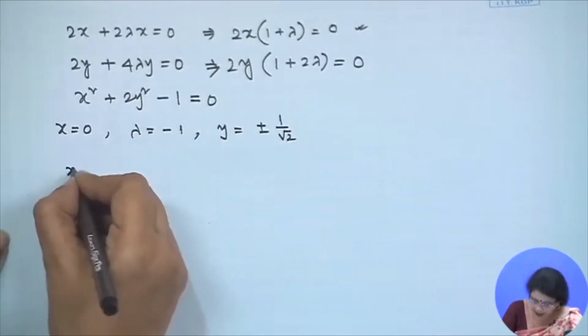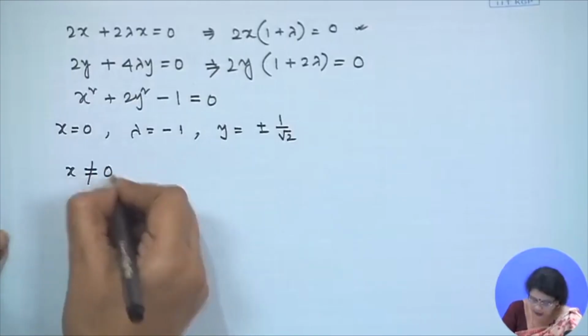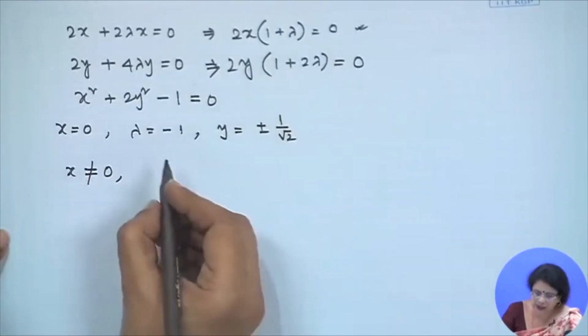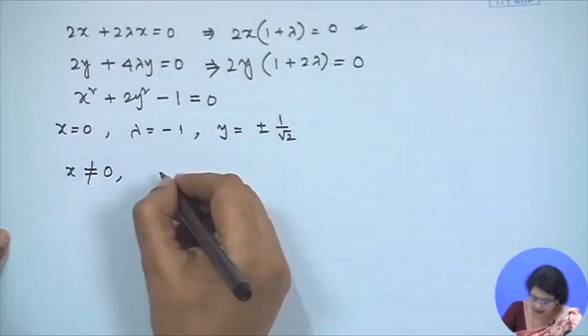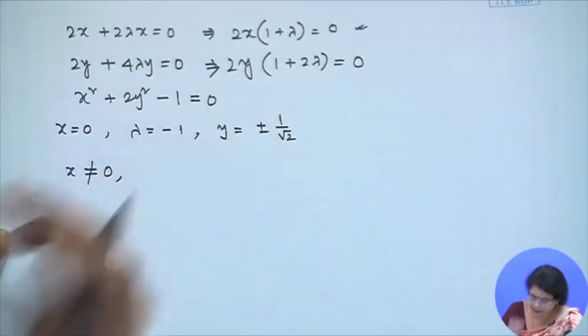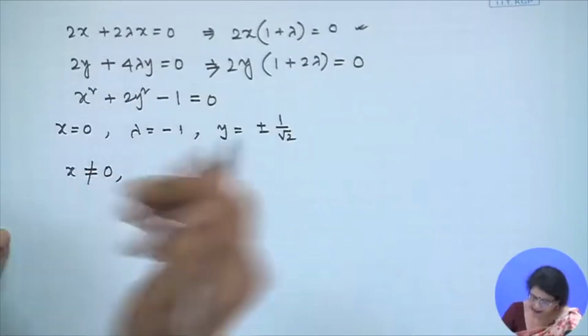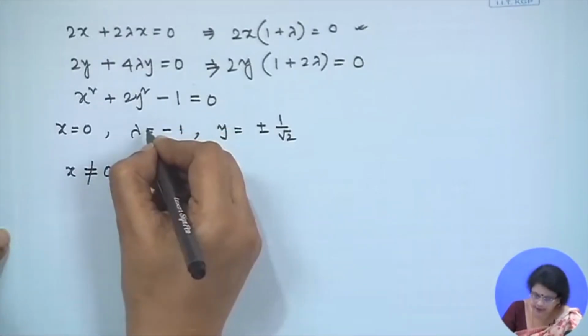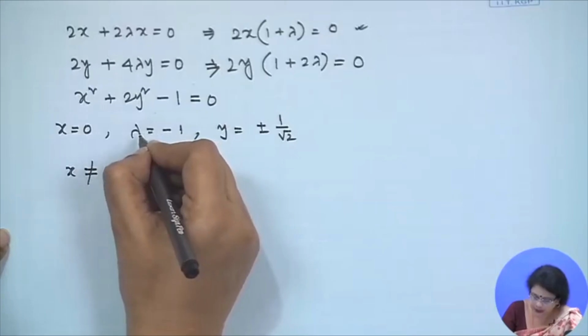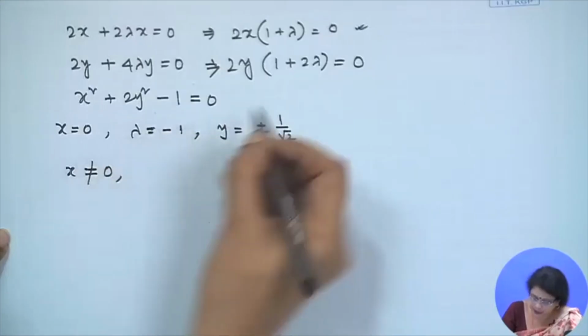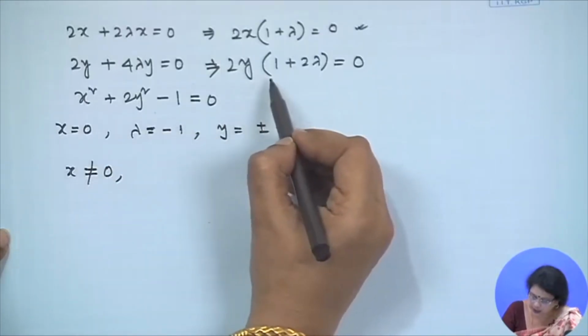But if x is not equal to 0, then what will you get? Then lambda cannot be equal to minus 1. Then what should be the value for lambda?